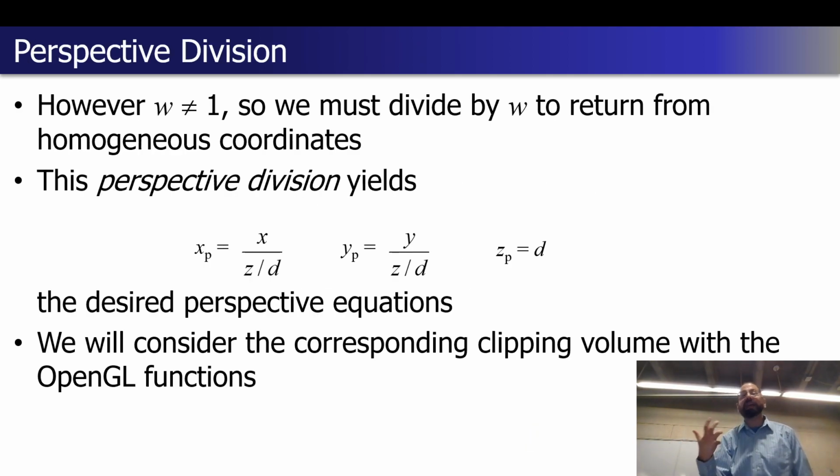There is then this extra required step, the so-called perspective division step. That is part of the viewing pipeline, part of the geometry stage of our graphics rendering pipeline, and is necessary to get a perspective view. Again, I think logically it's okay what's happening in terms of things that are further away.